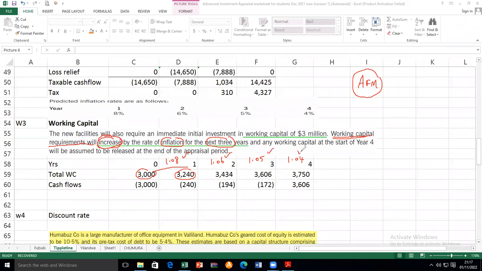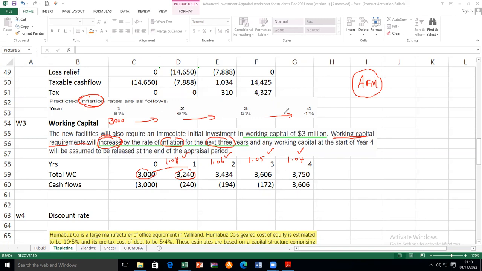Now, if the question did not tell you, and there's inflation like this, it will be prudent for you to go ahead and increase working capital. You don't have to wait for that statement, because as a senior finance executive, you know that when you have been given inflation, the prices are going up, isn't it? Meaning that we cannot run with the same amount of 3 million throughout. This figure will certainly increase.